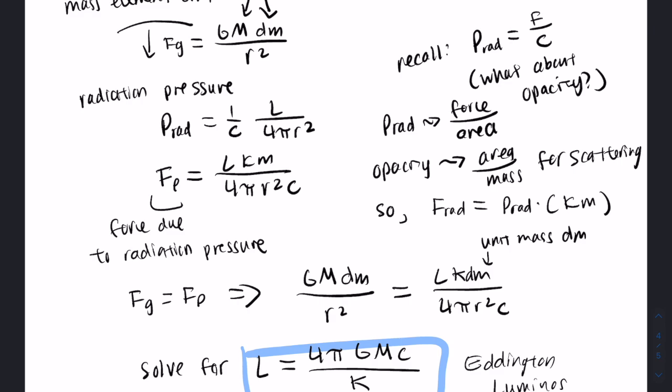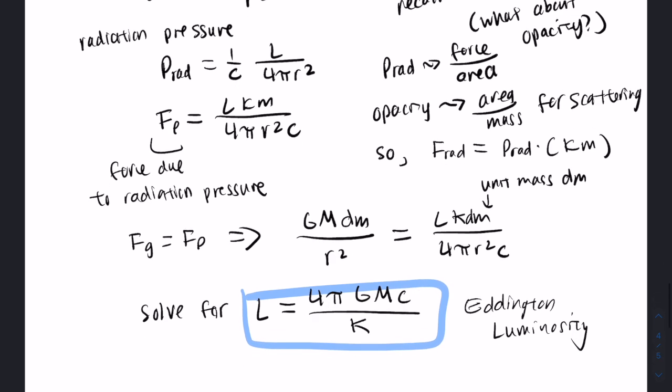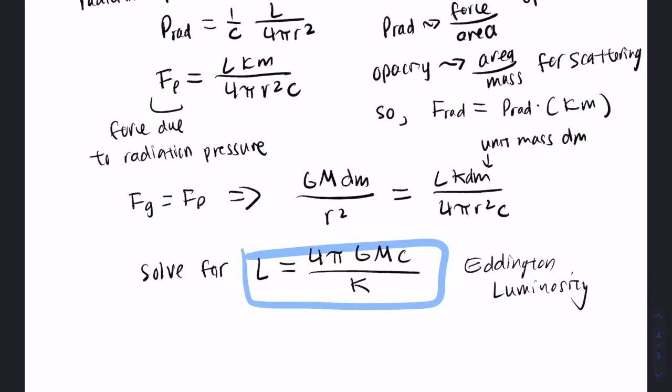So this is when radiation is balanced by gravity. So you're not going to have any loss of mass due to radiation. Actually, the one thing I should point out is that if you're dominated by Thomson scattering, then your kappa is going to equal the cross-sectional area of an electron, the Thomson scattering cross section, over the mass of a proton.